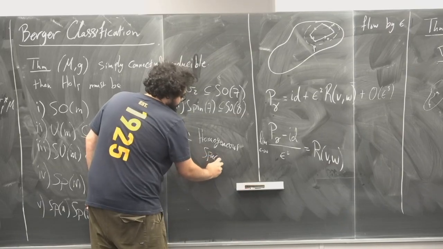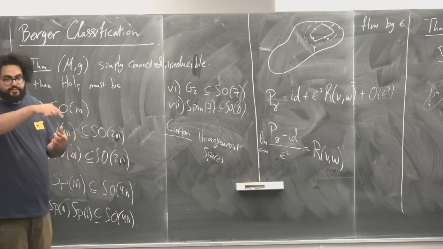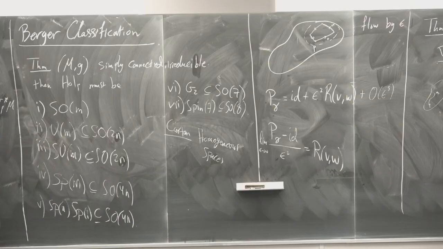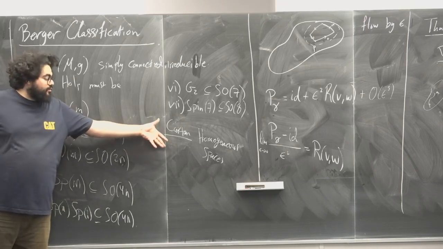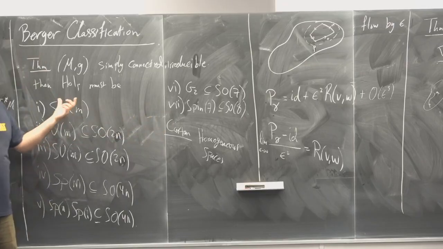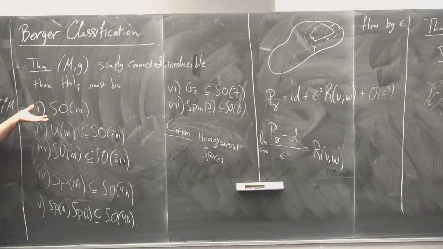These are very symmetric spaces. They have a map that fixes only a point, like a reflection kind of map. And they're subsets of SO(n). These are the general things that these groups can be.